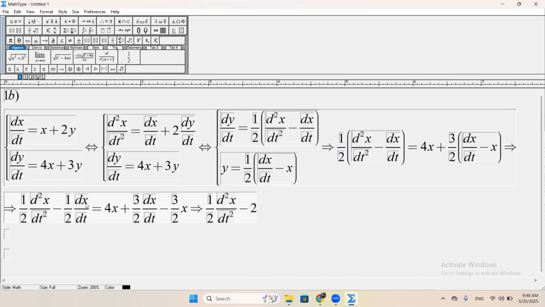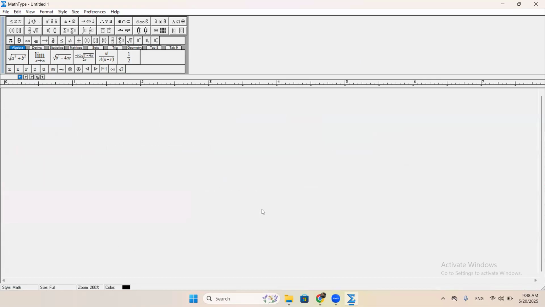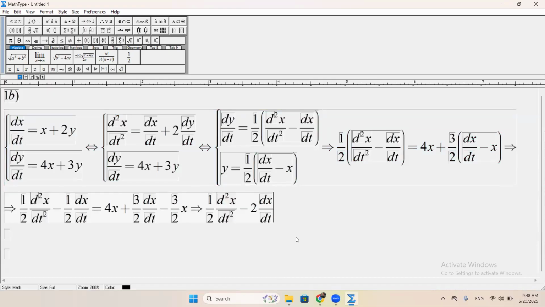Minus 2 first derivatives and minus 5/2 x equals 0.